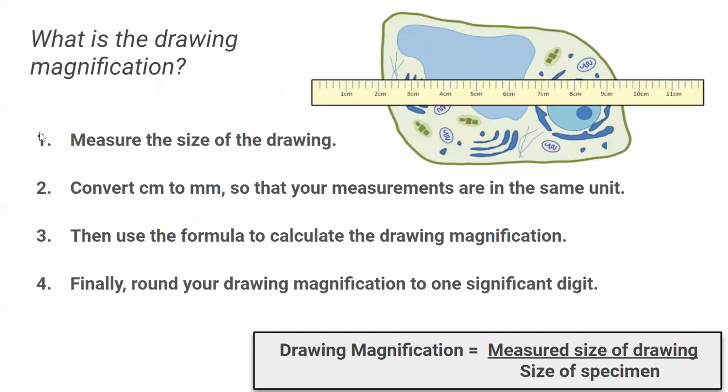So now that we know the estimated size of the cell, now we can use that information to figure out the drawing magnification. So measure the size of the drawing. 8 cm? I got 7. 7.7. All right, so we're gonna do like a 9 point, what? 9.8.